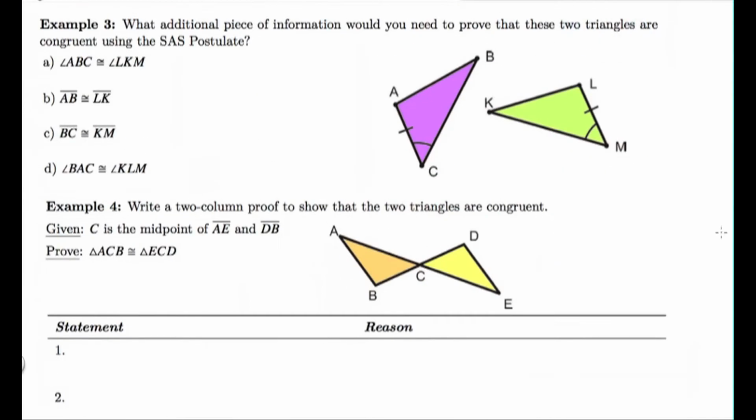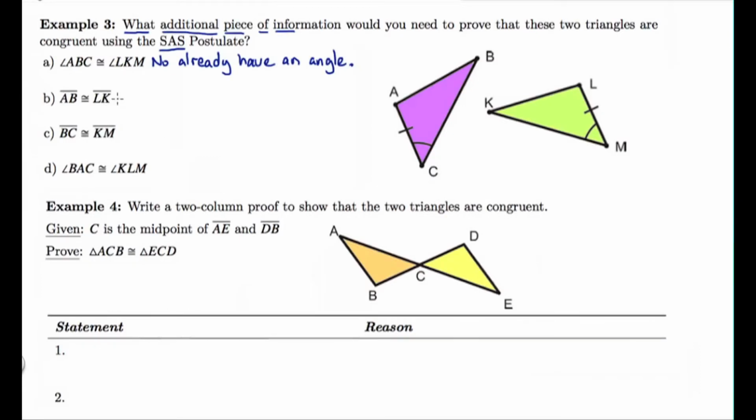So in example 3, what additional piece of information do we need to prove that these two triangles below are congruent using the side angle side postulate? So this is a multiple choice question. So part A, we're given these two angles are congruent, which doesn't work for us because we already have an angle.